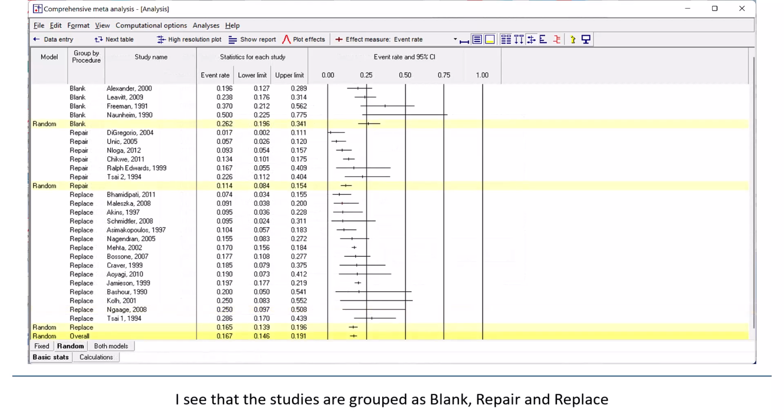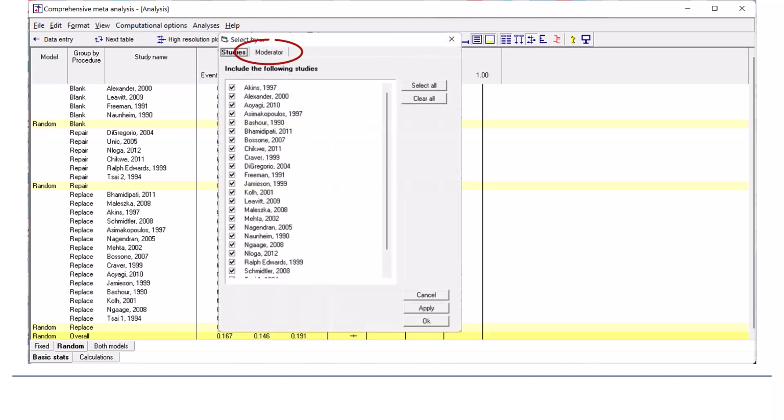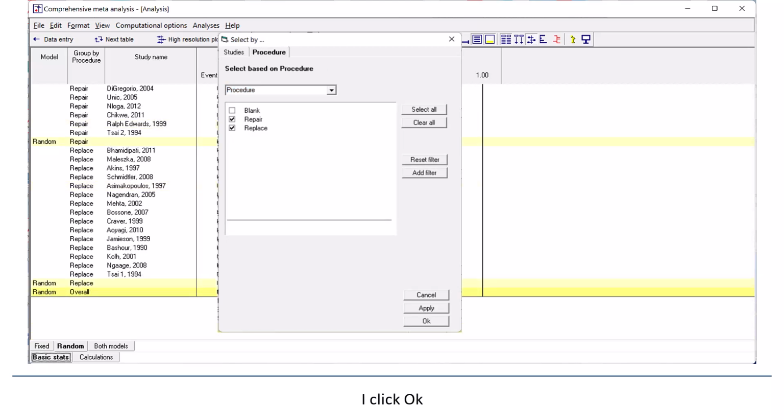I see that the studies are grouped as blank, repair, and replace. I want to remove the blanks. I click Computational Options, select by study name. On this panel, I click the tab for moderator. I choose Procedure, and I remove the check mark for blank. And I click OK.